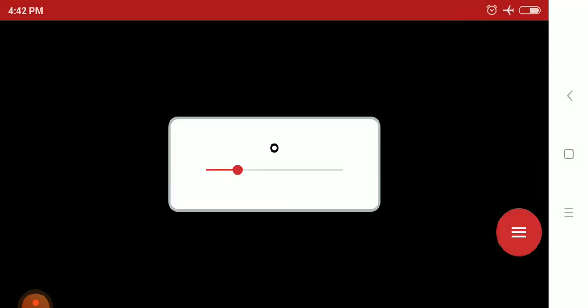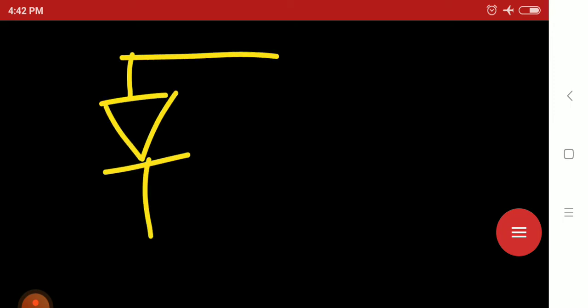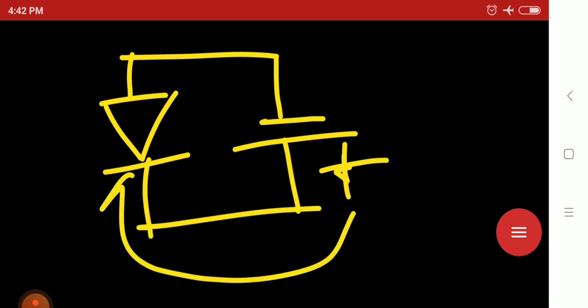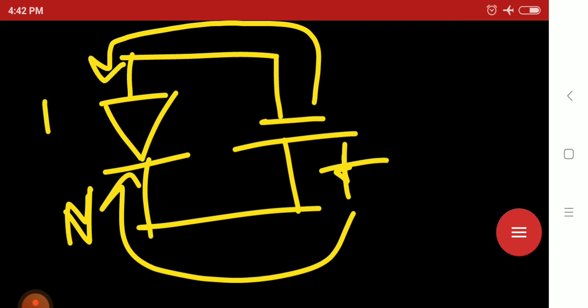It's very easy. Whenever a normal diode is connected with a battery, if the positive portion of the battery is connected to the N side and the negative portion of the battery is connected to the P side of the diode, then the normal diode is reverse biased.